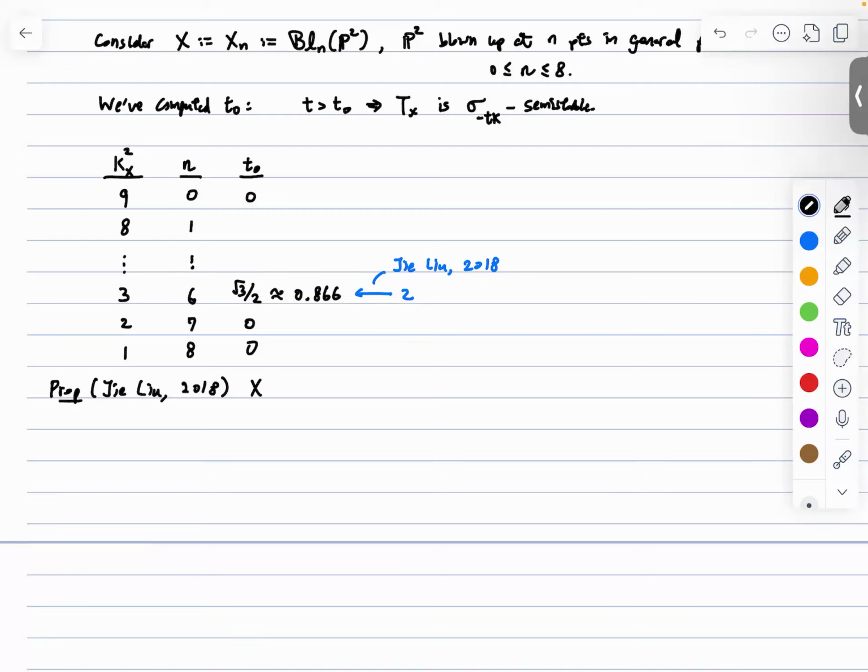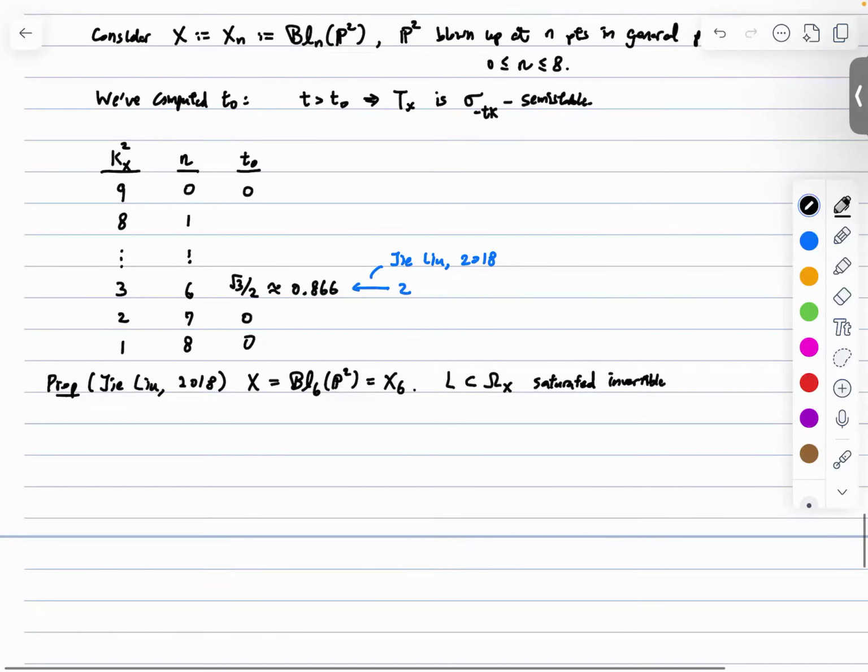If X is a cubic surface in P3, or equivalently P2 blown up at 6 points, which is X6 in our notation, and you take any subsheaf of the cotangent bundle that's saturated, meaning the cokernel is torsion-free, and if you assume this subsheaf L is invertible, so it's a line bundle, then minus K times C1 of this line bundle is less than or equal to -3.